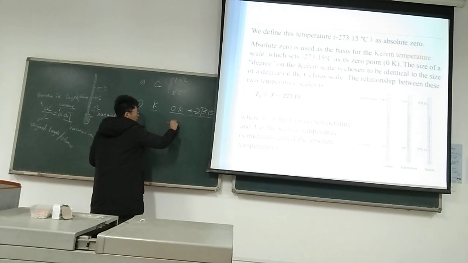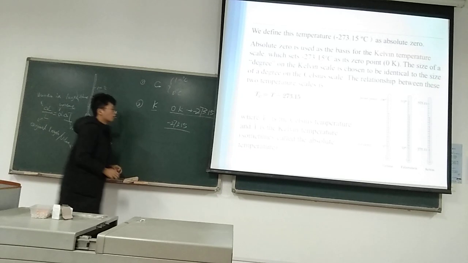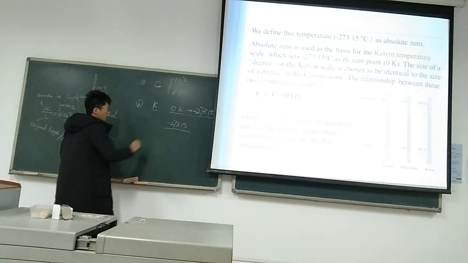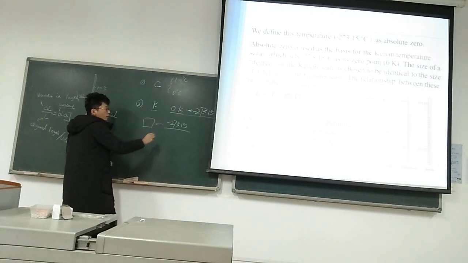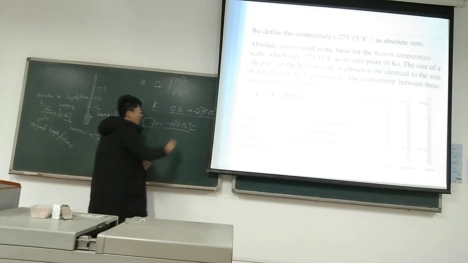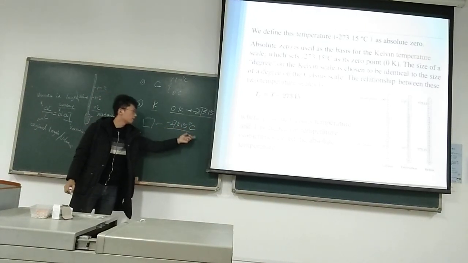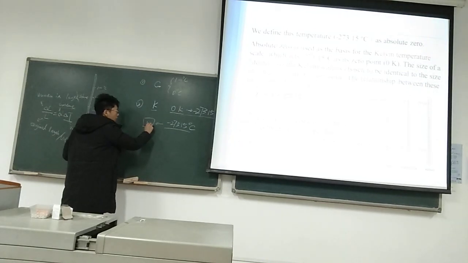What does this number mean? That is the coldest temperature in our universe. If a material is at a temperature of minus 273.15 centigrade, which means there is a real 0 of it.